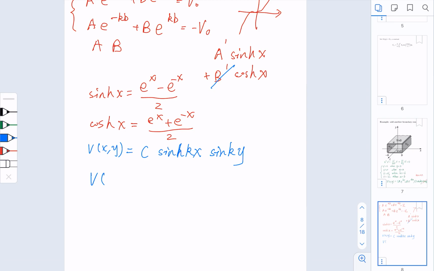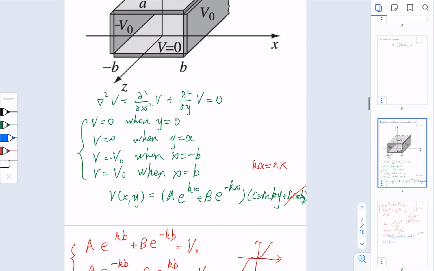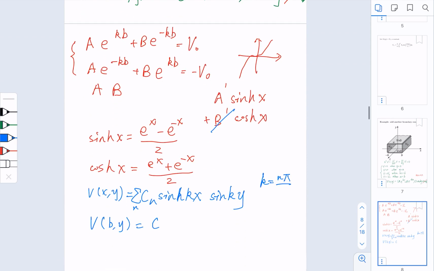So when x equals b, sorry, I forgot to do a sum over n, and the complete expression should be a linear superposition of all these sinh kx and sine ky, where this k is n pi over a, and n is 1, 2, and so on.